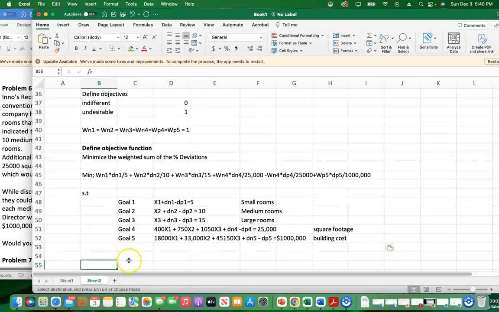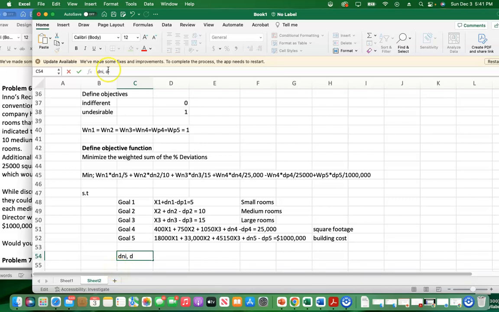And then we have another constraint, which will be that the deviations should be greater or equal to 0. And so in this case, we can say deviations, meaning that all the deviations, that will be negative. So deviation negative i, meaning that it can be 1, 2, 3, 4, and 5.